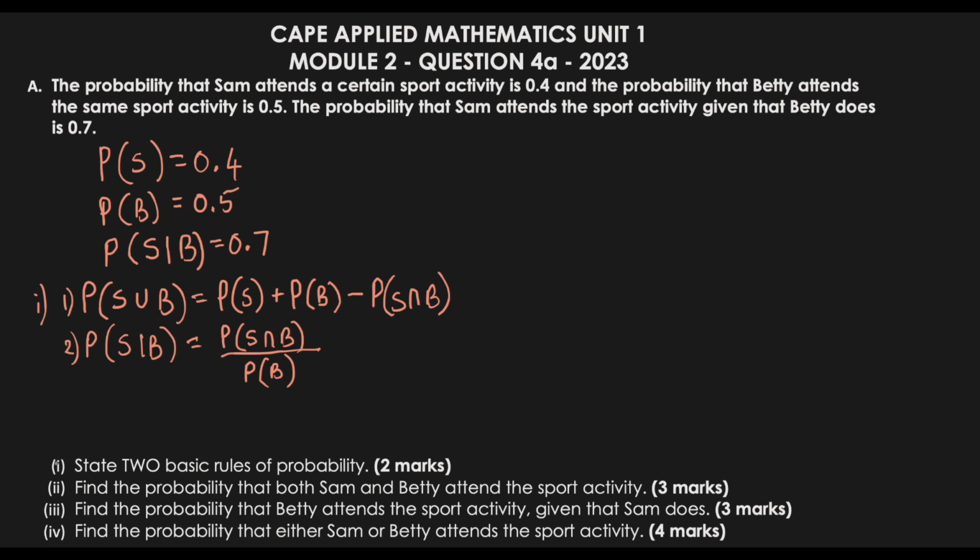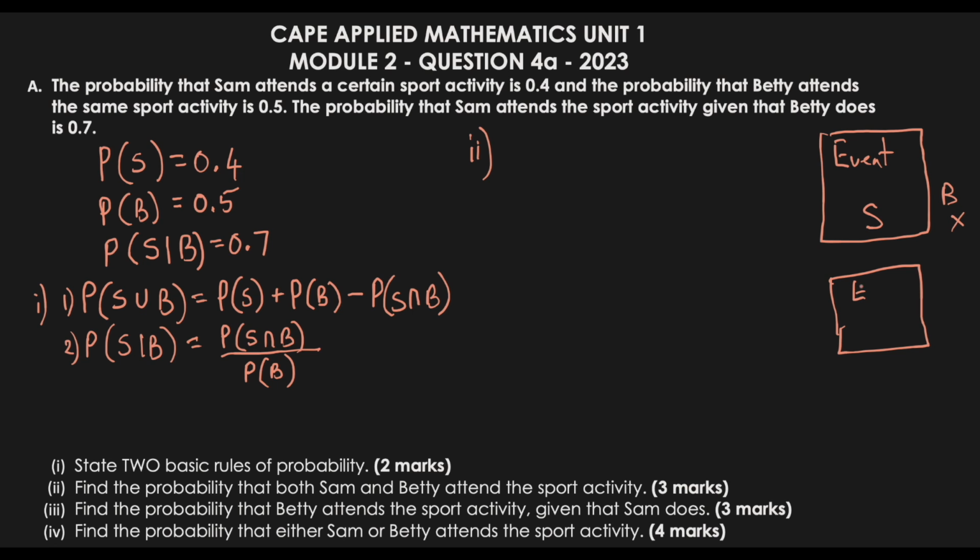All right. Now the next question says, find the probability that both Sam and Betty attend the sport activity. When I'm looking at this, it's saying that Sam and Betty attend the sporting event. So we could have a situation where we have an event. We could have a situation where Sam is there, but Betty is not. We could have a scenario where at this same event, Betty is there, but Sam is not.